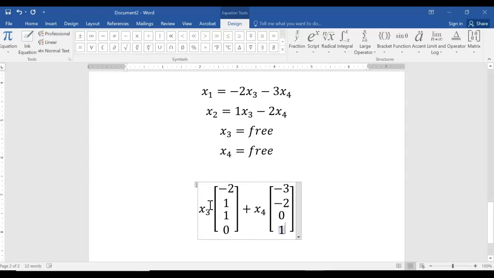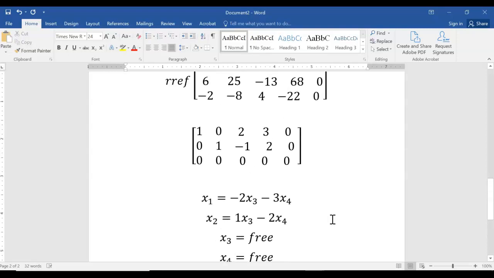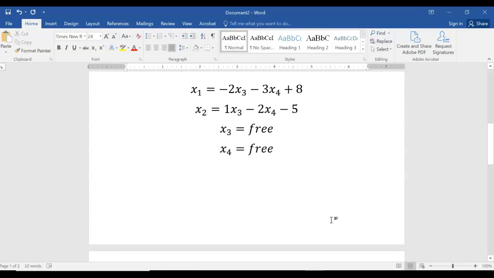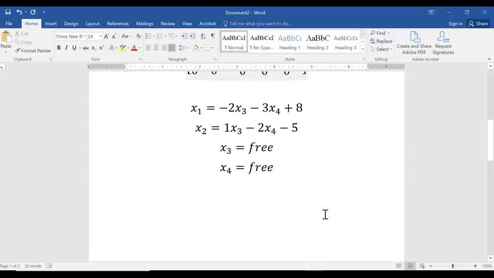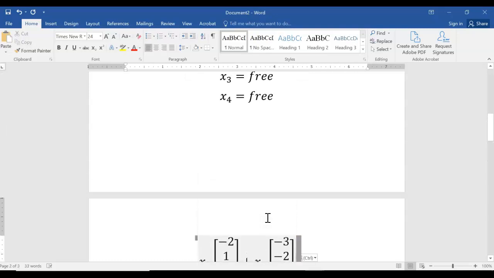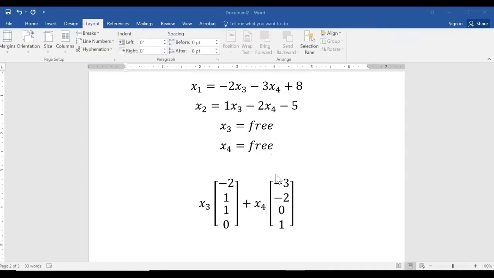If we wanted to do a parametric solution for the non-homogeneous system, so scroll back up to here, what we would end up doing, that's hard to see. Let me create a new page here. All right, so now I've created a new page.